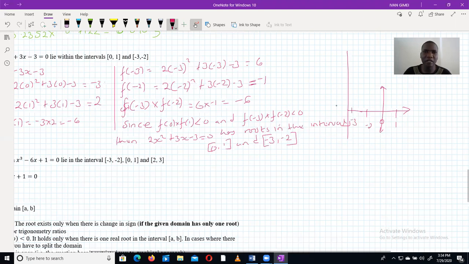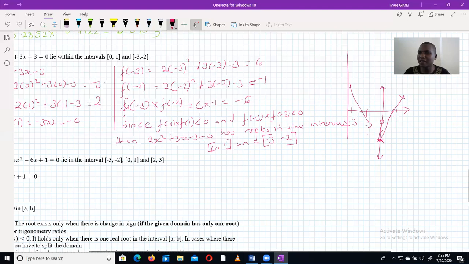When I put 0, I got negative 3, somewhere here. When I put 1, it gave me 2, so maybe somewhere there. Notice that this graph is cutting the x-axis in this interval, like that. Then when I put negative 3, it gave me positive 6, somewhere this way. When I put negative 2, it gave me negative 1, somewhere here. So you notice that it's still crossing the x-axis in that interval.